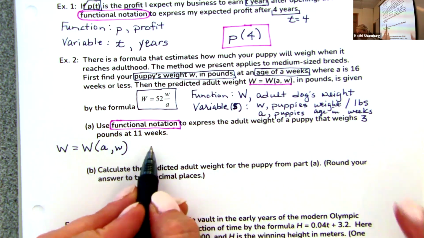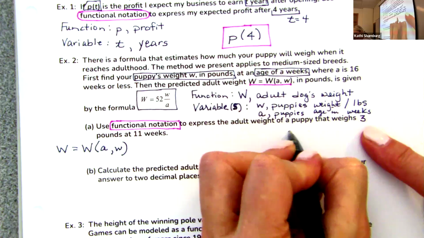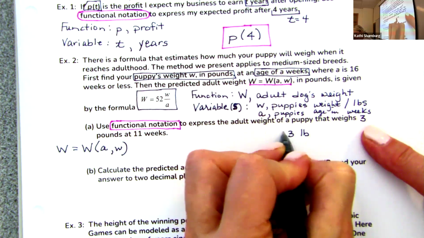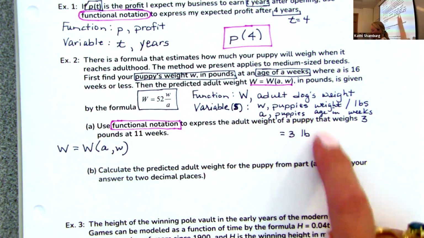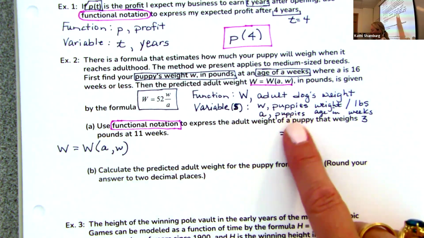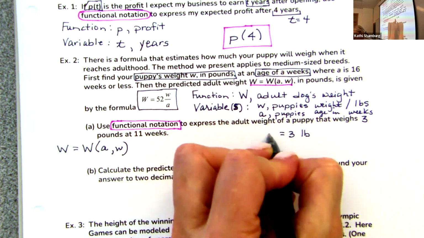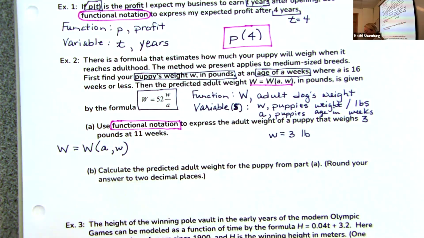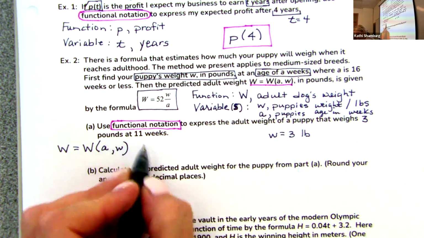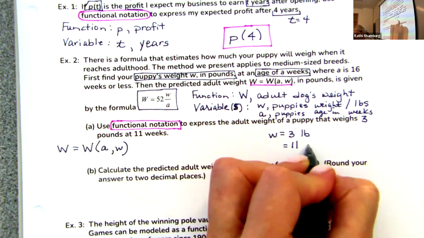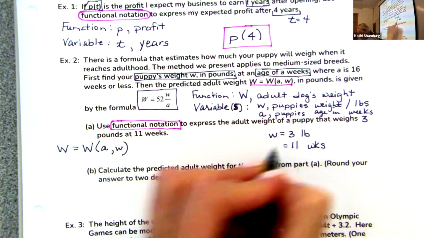Okay, well, we said that, so they give us 3 pounds. I look up here, is 3 pounds W or A? It's lowercase w. And then we're given 11 weeks.